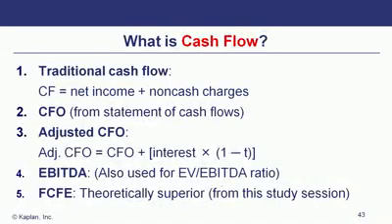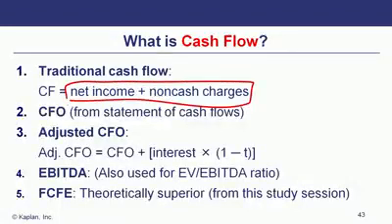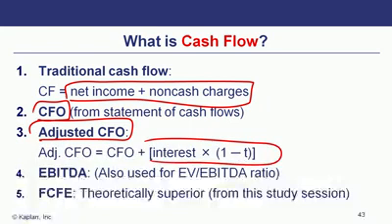So what is just cash flow? Traditional cash flow is basically net income plus any non-cash charges. Or we could also say that it is cash flow from operations. Another way to look at it is adjusted cash flow from operations that adds back interest times 1 minus the tax rate.